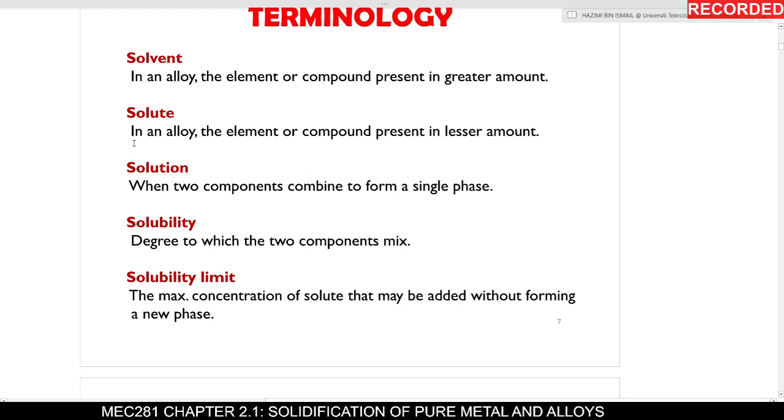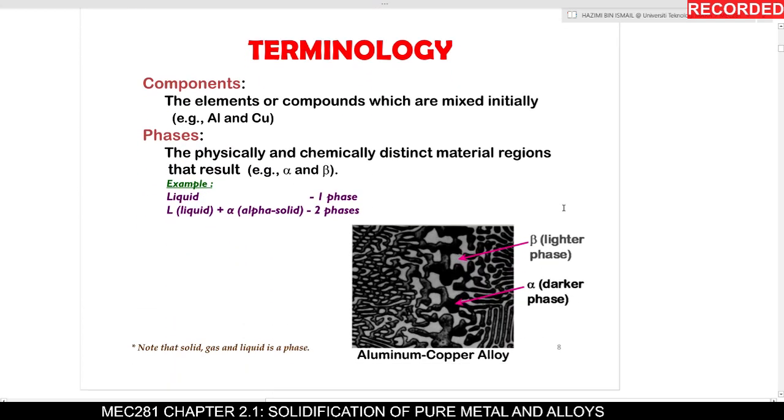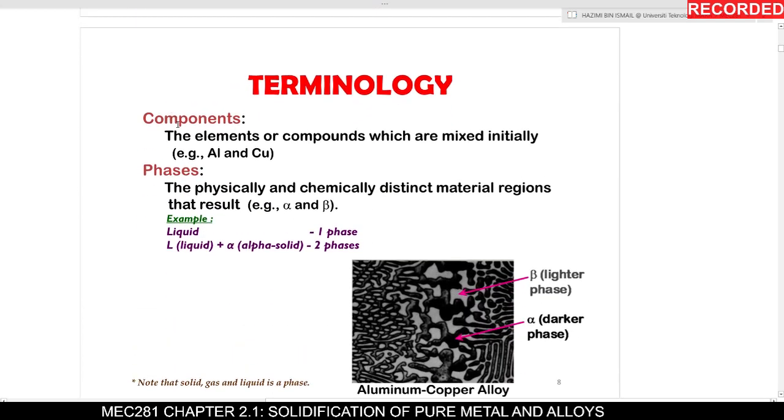Solution is when you mix or combine two components to form a single phase. Okay, and then components. Here components are the elements or compounds which are mixed initially. As example, aluminum and copper. Okay, phases are the physically and chemically distinct material regions that result, for example alpha and beta here.